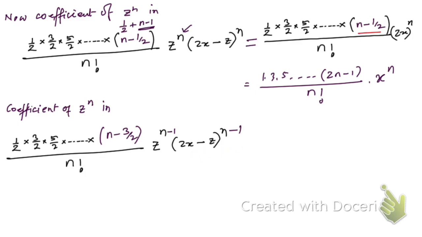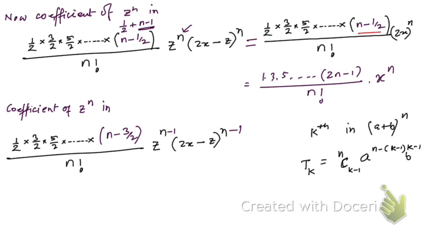We know that the kth term in the binomial expansion of a plus b whole to the power n is given by this formula, that tk is equal to nC(k minus 1), where C means combination here, a to the power n minus (k minus 1), into b to the power k minus 1.